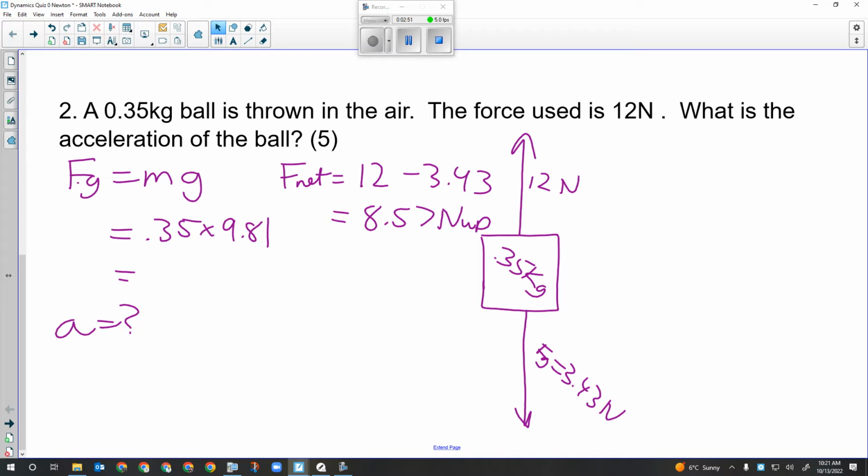Okay, what's my next step? Find your acceleration, so acceleration is F net divided by mass. So that'll be 8.57, divided by the mass, which we were told was 0.35 kilograms.